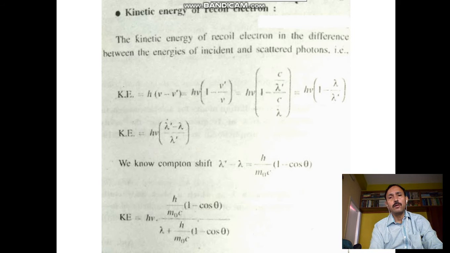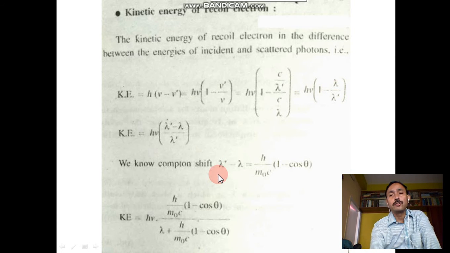Taking common h nu, 1 minus nu dash by nu is equal to h nu 1 minus c by lambda dash by c by lambda. The c's will cancel out. h nu lambda by lambda dash. h nu 1 minus lambda by lambda dash. So this one becomes h nu into lambda dash minus lambda by lambda dash.